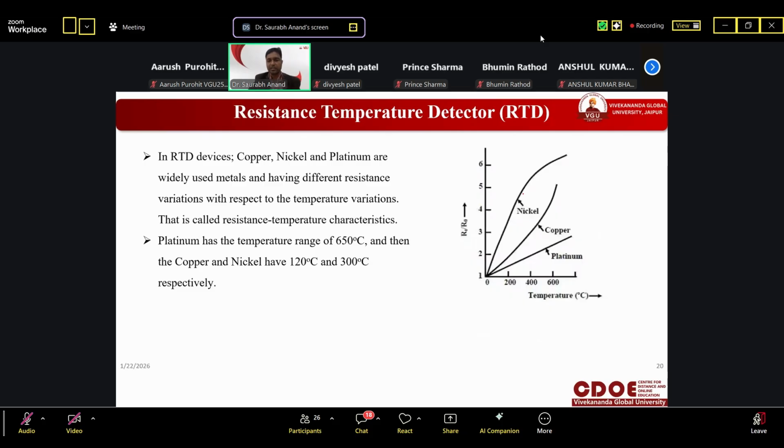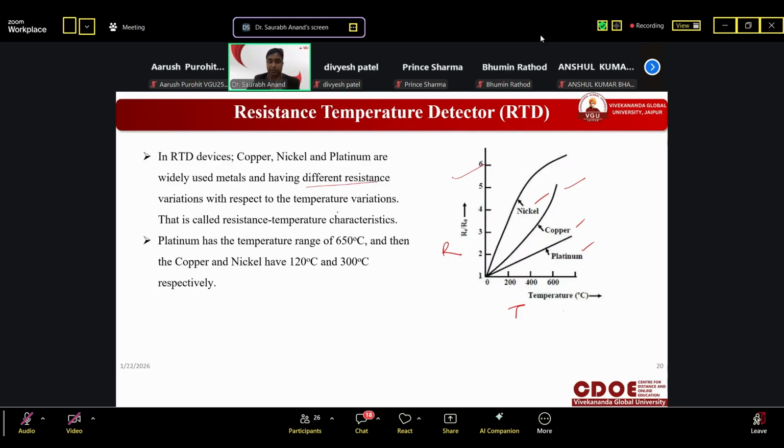This is the characteristic between resistance and temperature. Okay, so you can see that we have these three metals, and these are the characteristics between temperature and resistance. You can see that every metal has different resistance value because whenever the temperature is varying, the resistance will also be varying.